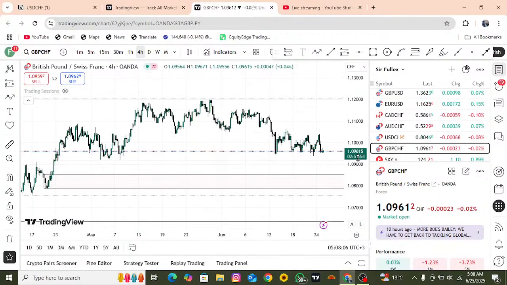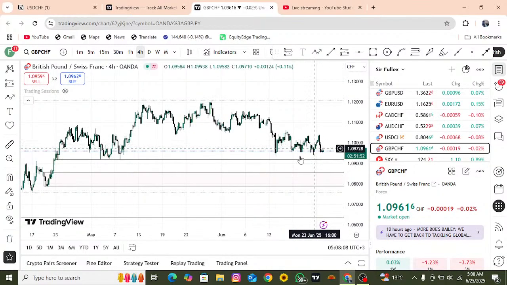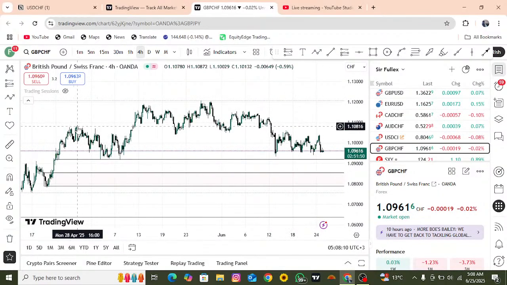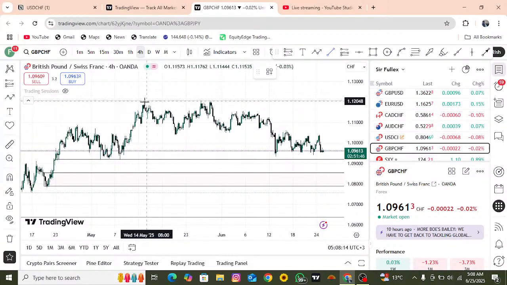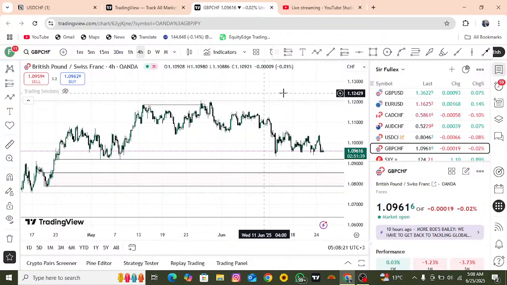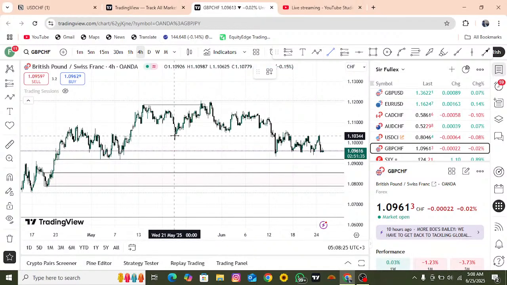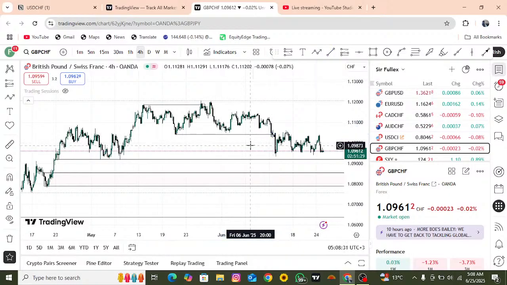Zone has been marked up. So we can clearly see the move here. I'm going to mark even my structure, assuming this was your last high. We changed character at this level. Change of character at that particular level.